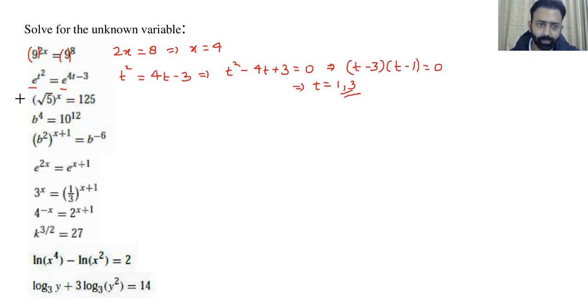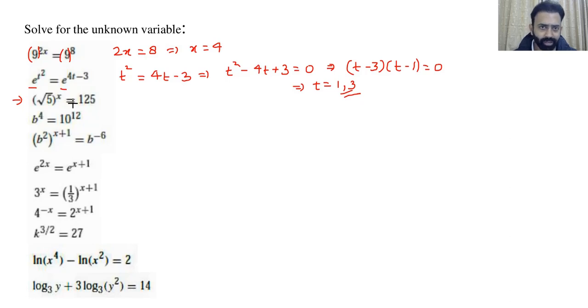So in the third part, it is root 5 raised to power x is equal to 125. Now again the same logic we will apply, that since the variable is in the exponent, we need to make the bases of both the sides equal. How can we do this? As you can see, in the left hand side, the base is written in terms of 5, and we also know that 125 is a power of 5.